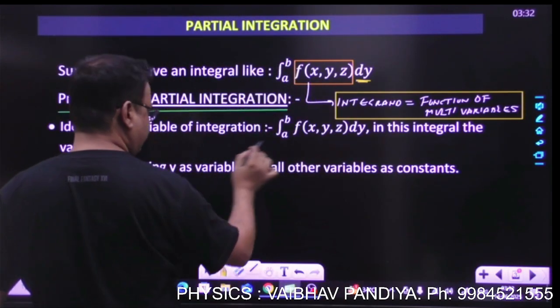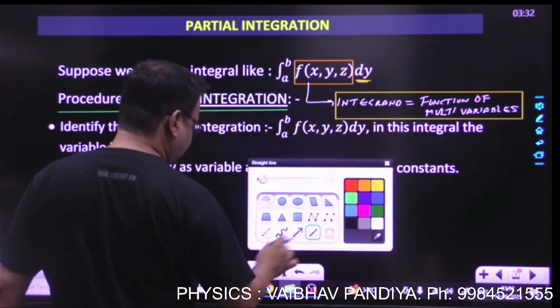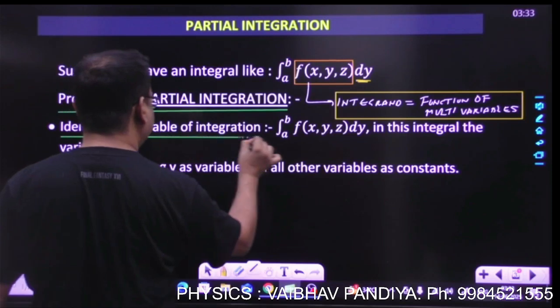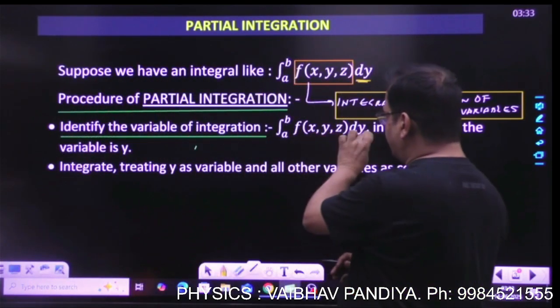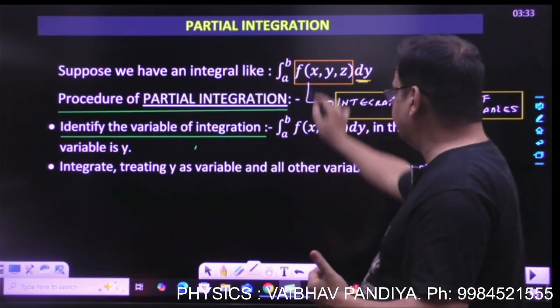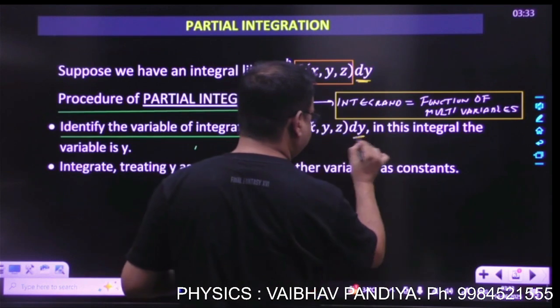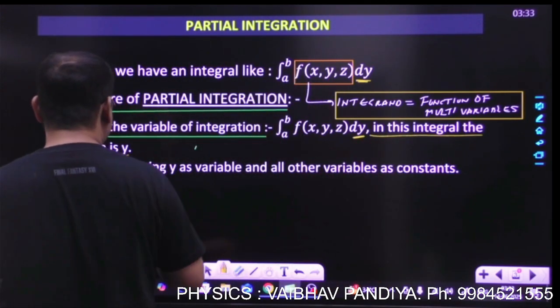Firstly, you will decide what is the variable of integration, okay? As a first step, you will decide what is the variable of integration. This is quite easy to decide. You will see which variable or element is present with d. That will be the variable of integration. Like in this integral, y is the variable of integration. Got it?